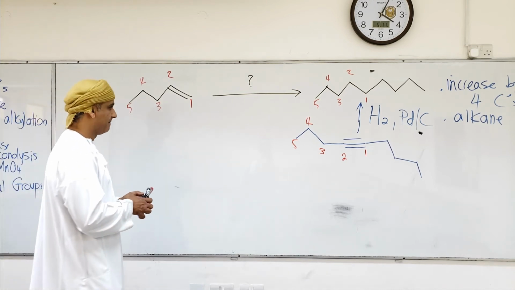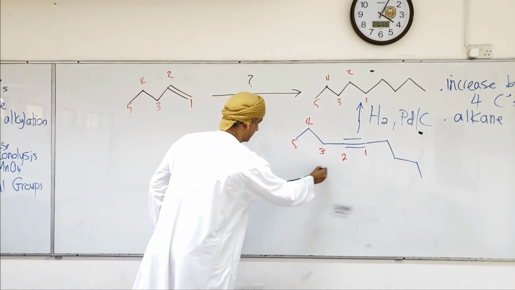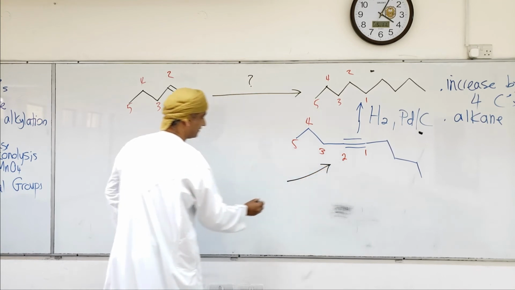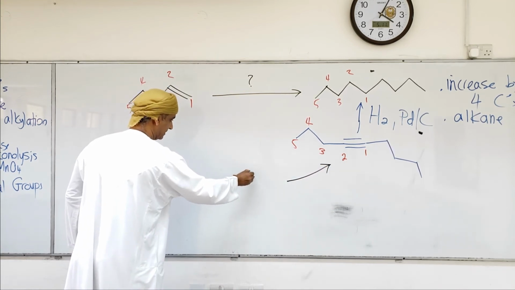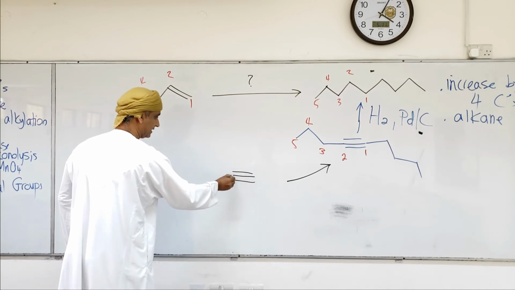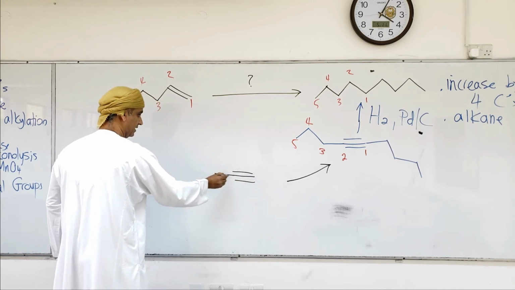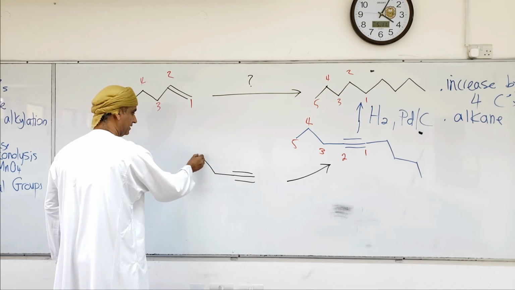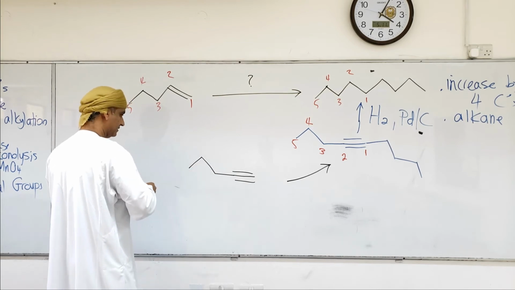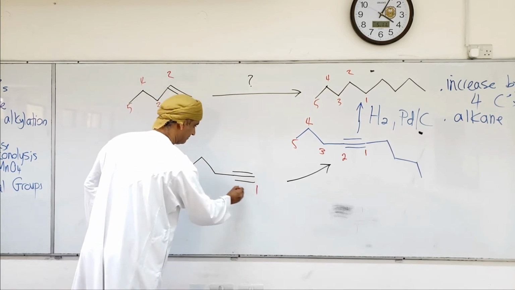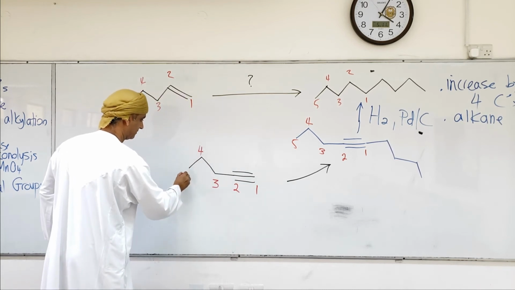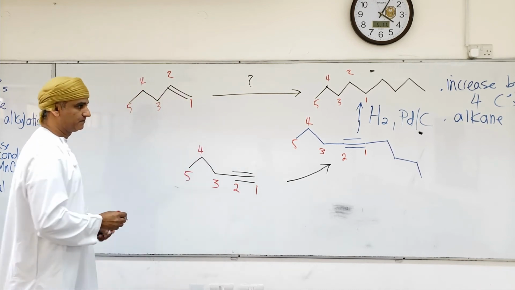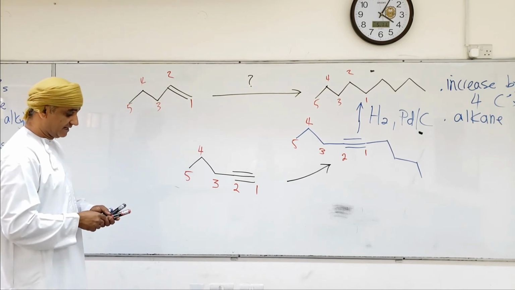So we can make this internal alkyne from this terminal alkyne. So 1, 2, 3, 4, 5. Again, let's put the numbers just to keep track of carbon. So this is a terminal alkyne. We can make that internal alkyne from it.